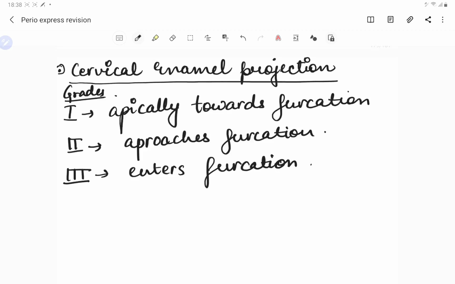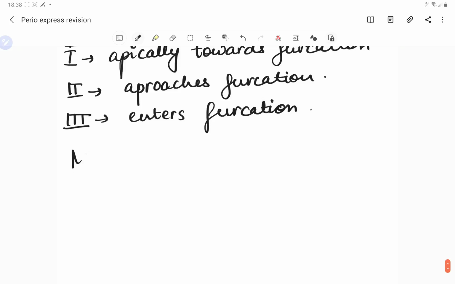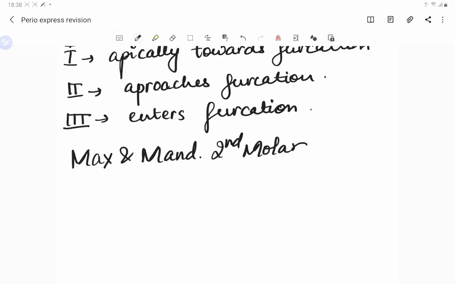The prevalence is in the maxillary and the mandibular second molars, which is quite important from the exam viewpoint. So both the maxillary and the mandibular second molars we have to write, which is our 7 teeth. Remember that 7 is the tooth number and 8% is the prevalence.